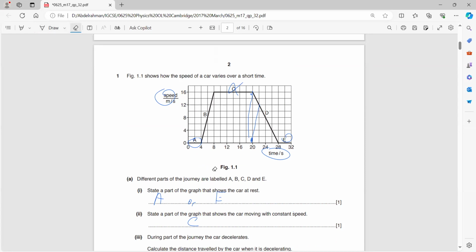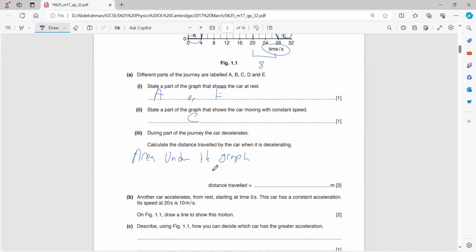Half times base times height, which is half times 16. The height is 16 and the base is 8, from 20 to 28. So half times 16 times 8, which is 64 meters.